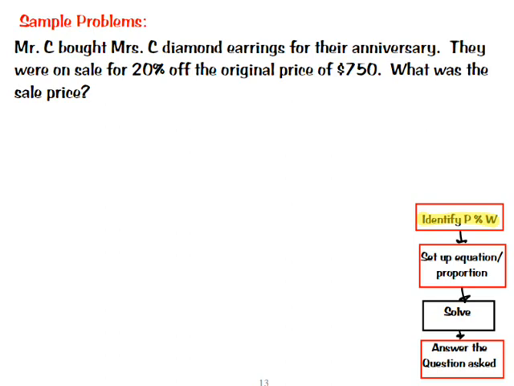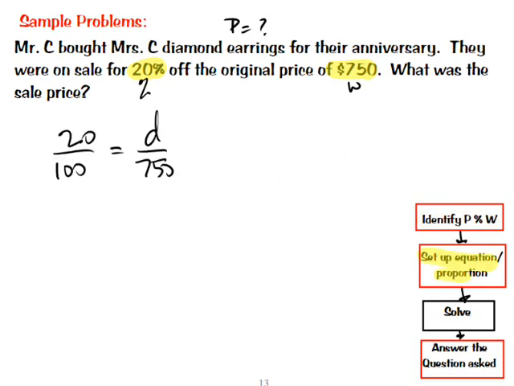Well, let's go ahead and identify the part, percentage, and whole in this question, remembering the magic sentence that discount is a percentage of the original price. So here's our whole, the original price. Here's our percentage, 20%. And what we don't know is the part, the discount amount.